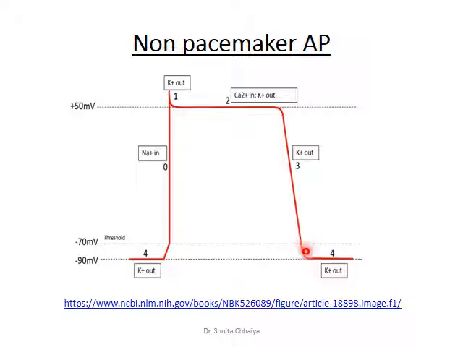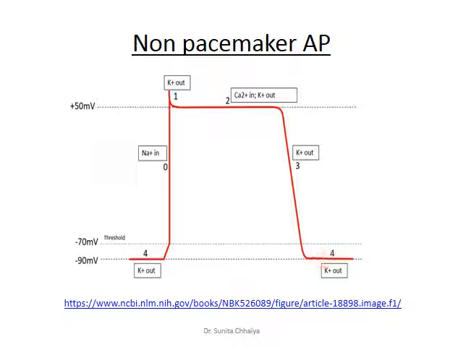Once it reaches around minus 90 millivolt, phase 4 starts, and that is known as the resting phase, during which the membrane sodium potassium pump gets activated, and that tends to restore the ionic disturbance towards the resting pattern.